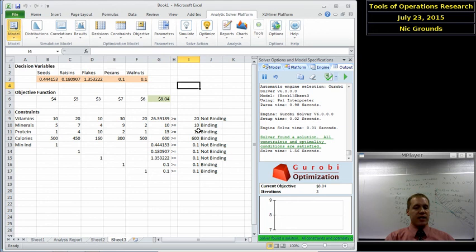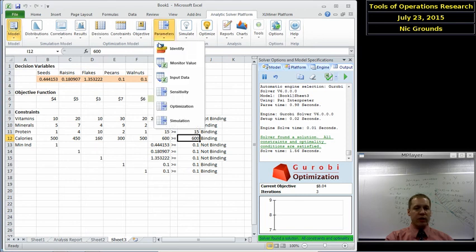All right, let's do optimization sensitivity. So one might ask, let's just pick a constraint. Let's say the constraint was calories. What minimum amount of calories could we stand before the optimal solution pattern starts changing in different ways? So let's do a parameter for the 600 here.